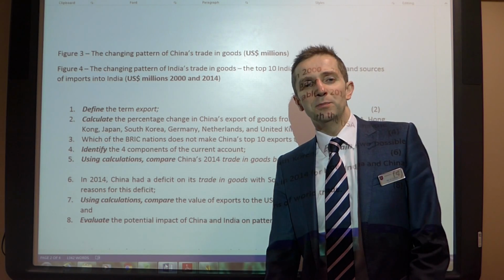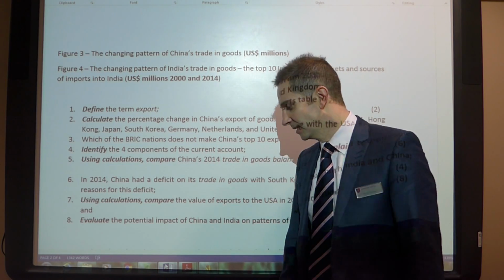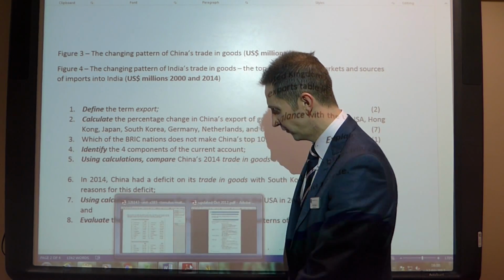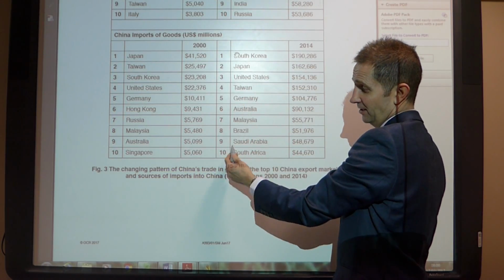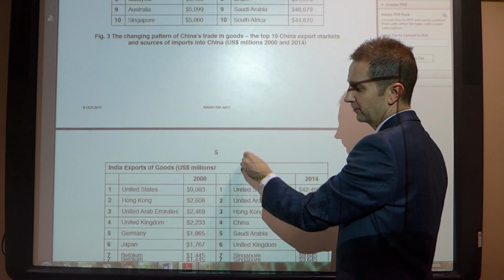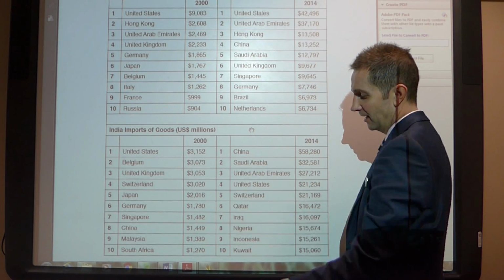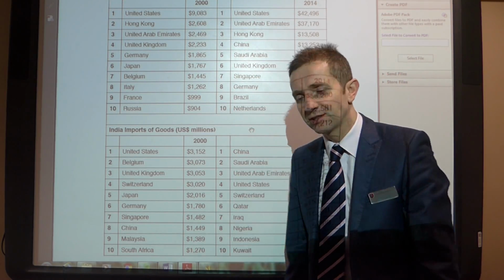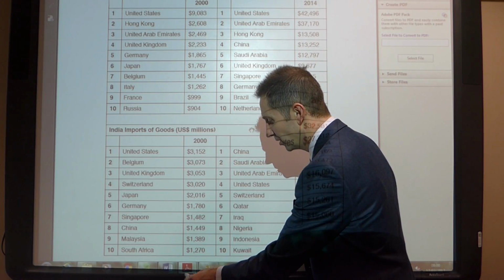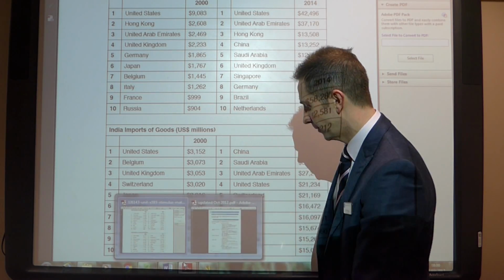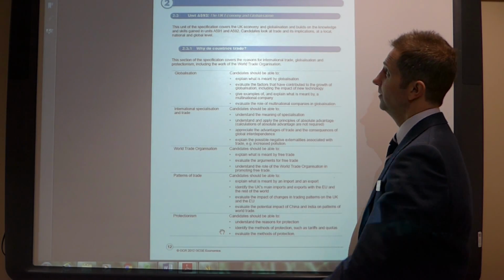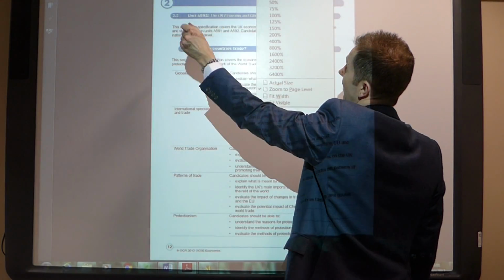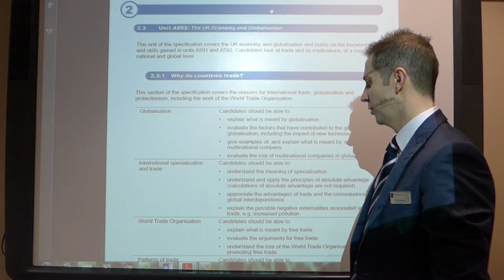Now, I would be extremely surprised, ladies and gentlemen, dumbfounded, flabbergasted indeed, given that we've got data here on China and subsequently on India, if this question does not appear on your exam paper. And let me just bring the specification up to show you why I would be astounded if it does not appear.